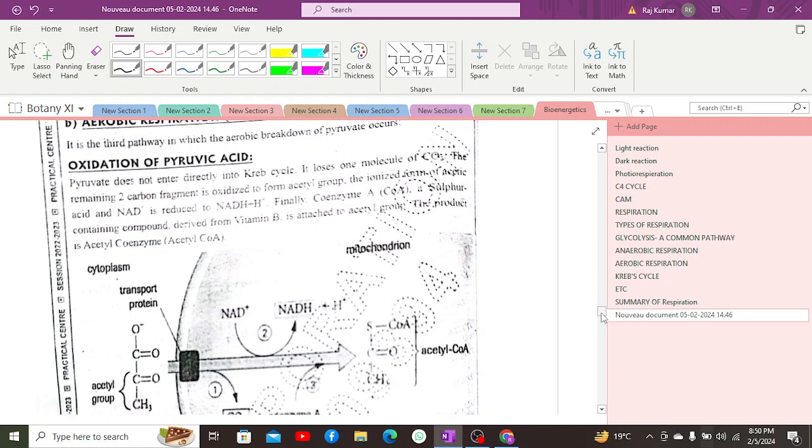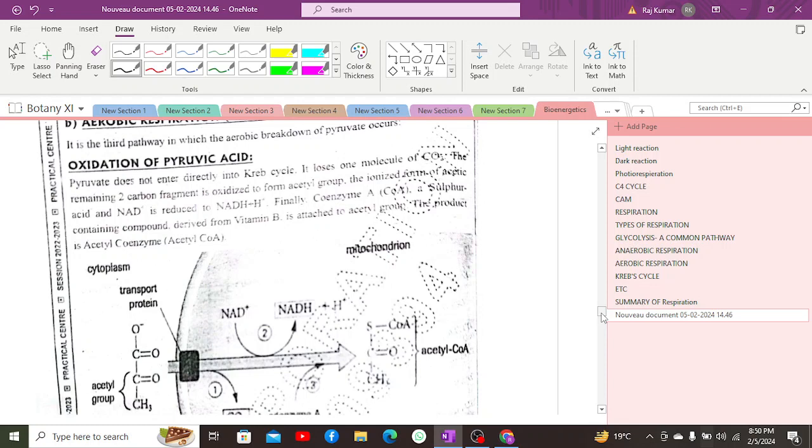Now acetaldehyde will further be oxidized through pyruvate dehydrogenase, a multi-enzyme complex, due to which acetyl will be formed, and that acetyl now will be attached with coenzyme A.